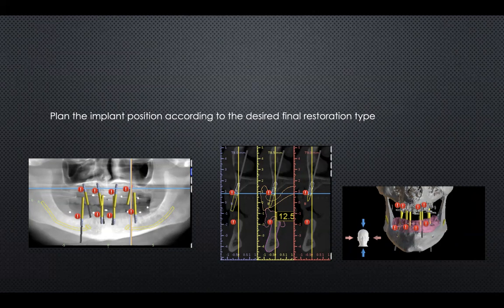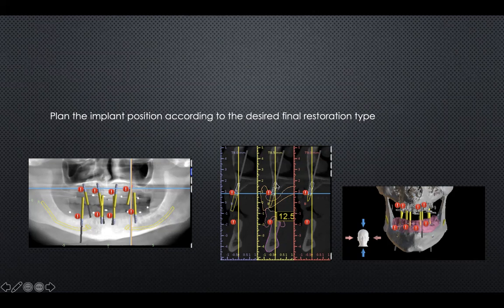So for example, I'm not going to go into details on that, but in this example, we were planning an implant supported overdenture, which is removable. And as we can see here, this is the maxillary denture, this is the mandibular denture, this is the plane of occlusion here.